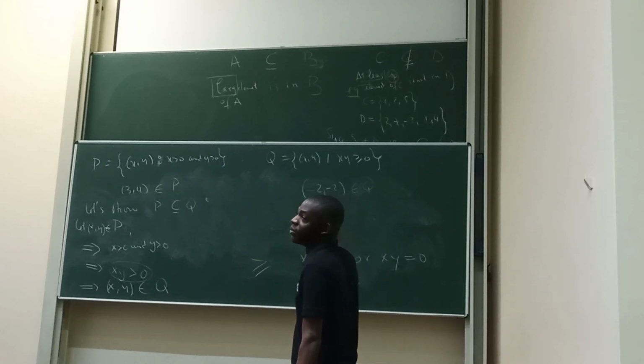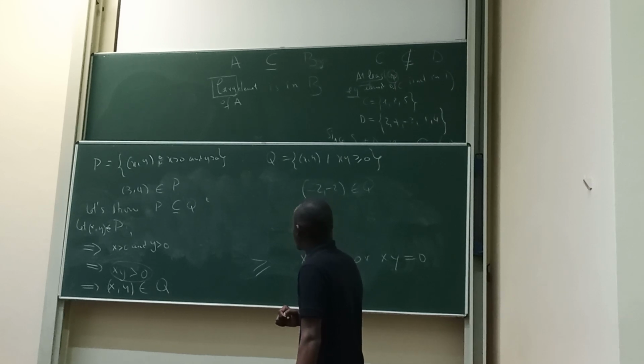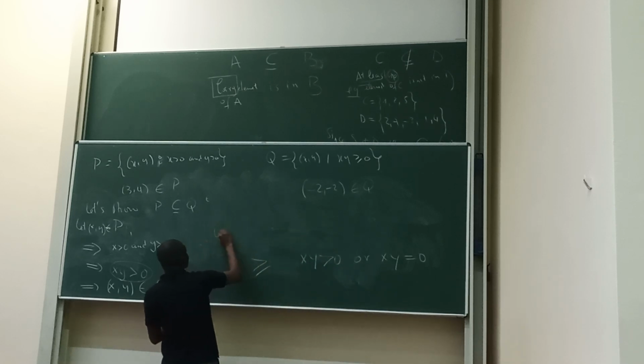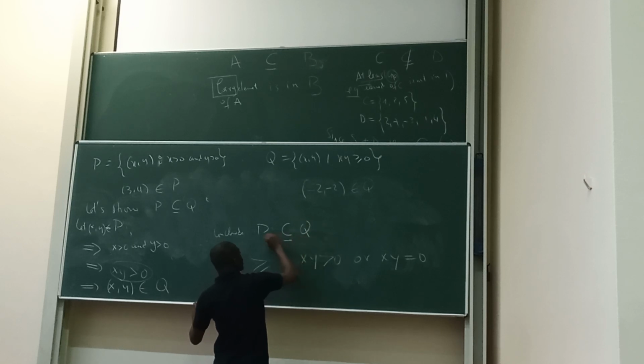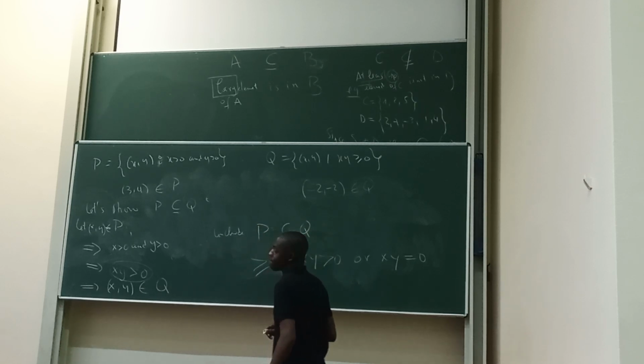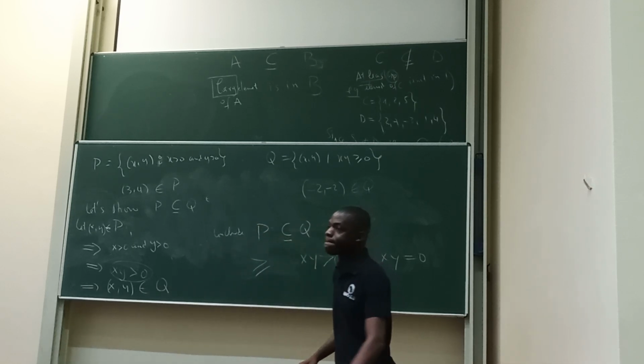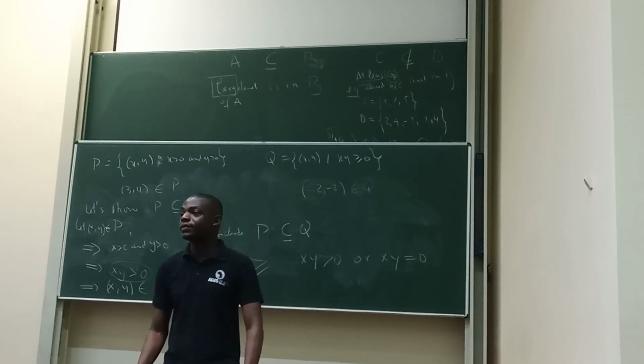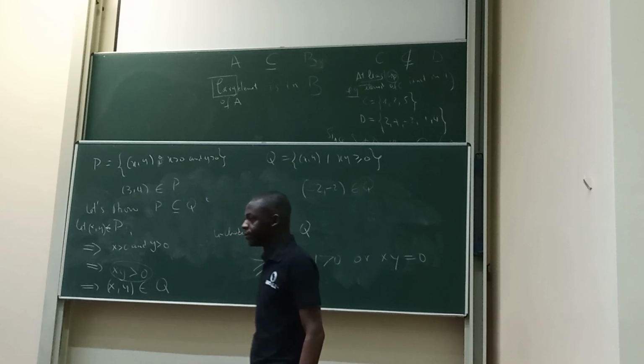Then it has to be in Q. Good? Alright. So then, I can conclude that P is a subset of Q. That's what I can conclude now. Good.